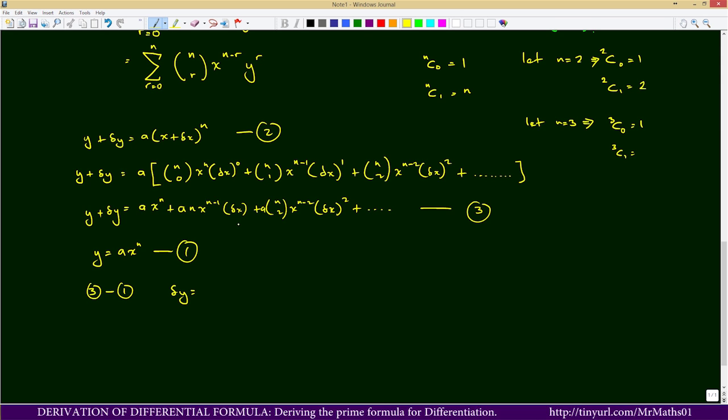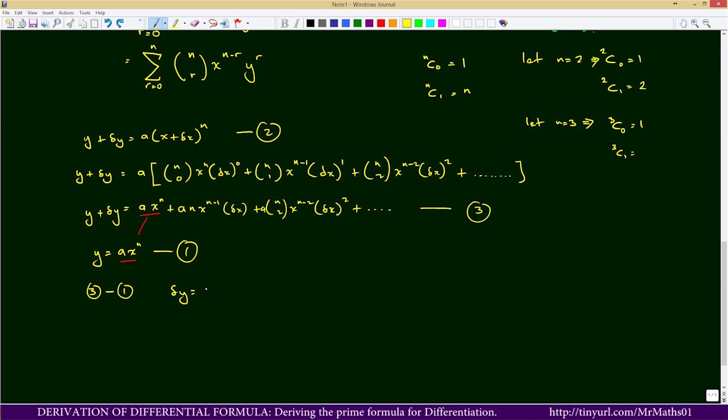On the right hand side, we have like terms. ax to the nth power, same. So when we subtract this from this, we are left with nothing. So we will have the rest of the expression only.